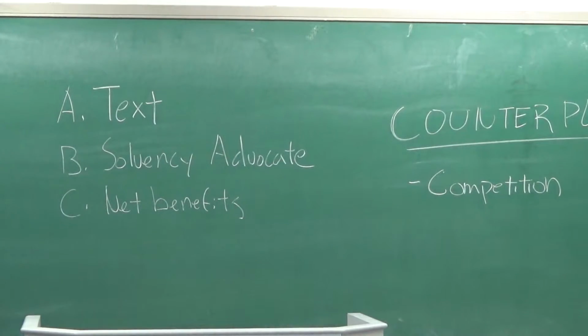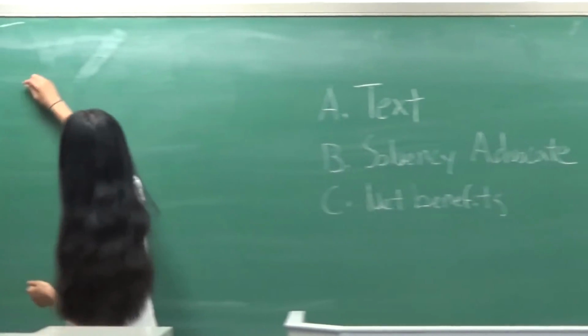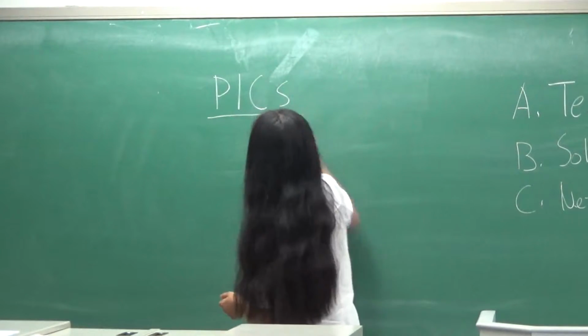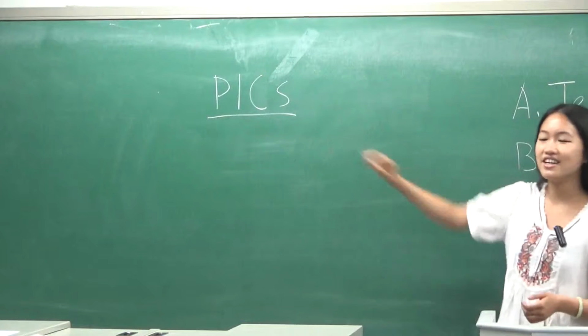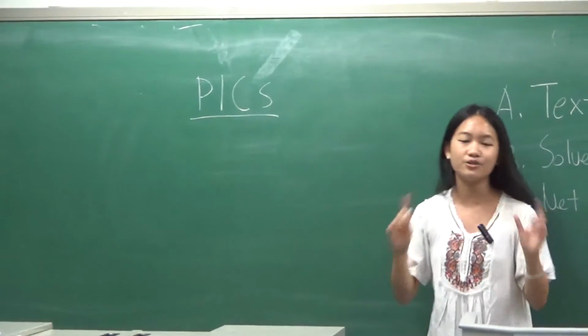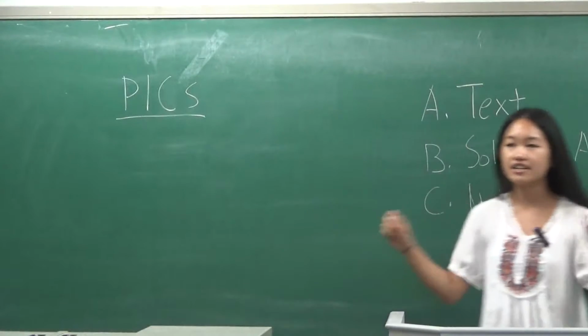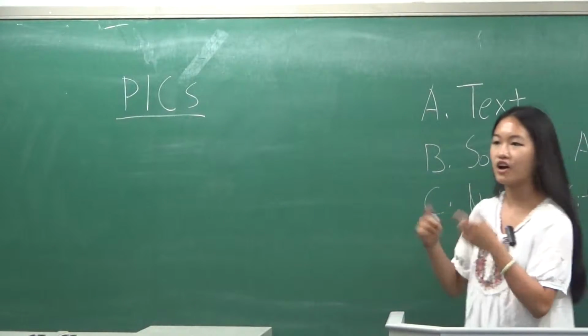Now we're going to talk about some of the most common forms of counterplans. And the first type that I like to read a lot are called PICs, which stands for Plan Inclusive Counterplans. And what this means is that the counterplan does most of the affirmative, but not all of it.